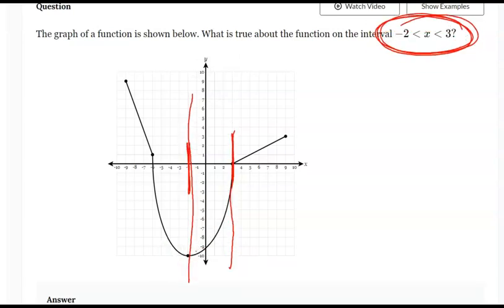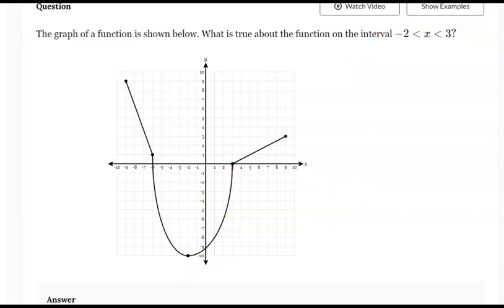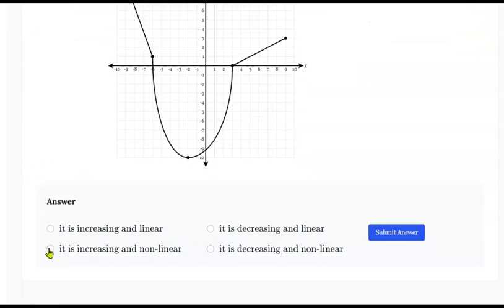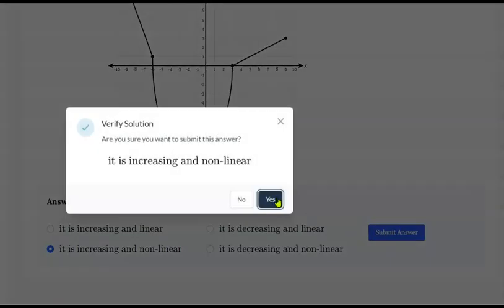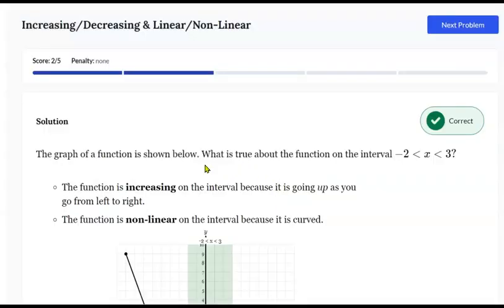When we read from left to right, our eyes are going up, and it is curved. So up is increasing, curved is nonlinear. So increasing and nonlinear. Let's move on to the next section.